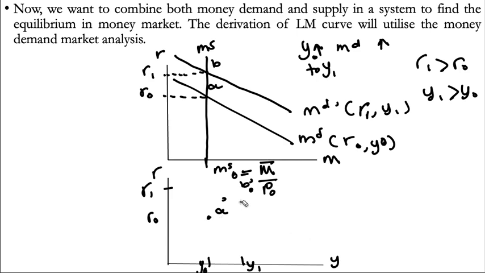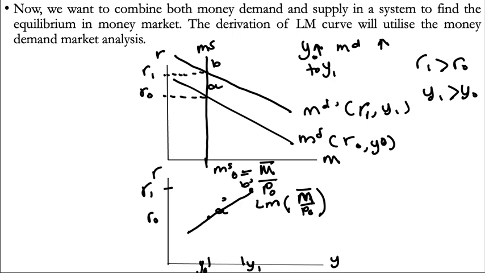Let me fix it. Join these 2 points. Then you get your LM schedule with current nominal money supply and current price P0. Okay, so as you can see here, after the derivation, the curve is upsloping.